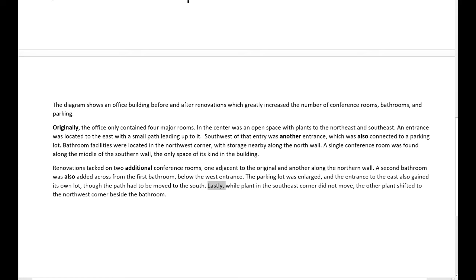Then lastly is indicating that this will be the last piece of information we're giving. Okay, so I think you have enough going on here to connect your sentences so that the flow is natural. You're referencing ideas that you've mentioned earlier in the essay, and these are all things that are important for task achievement. For coherence and cohesion.